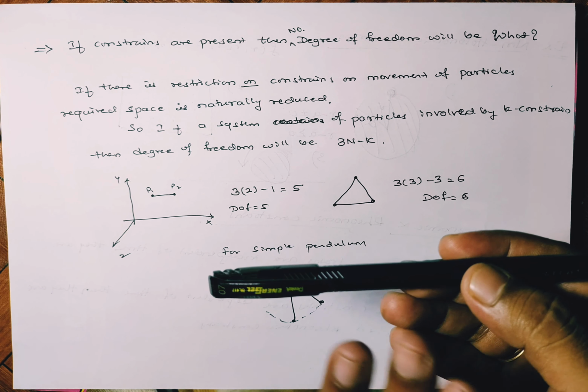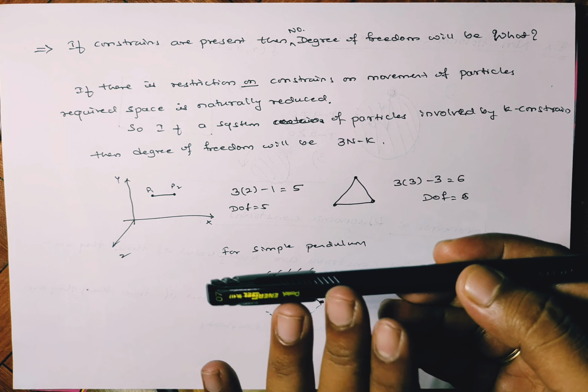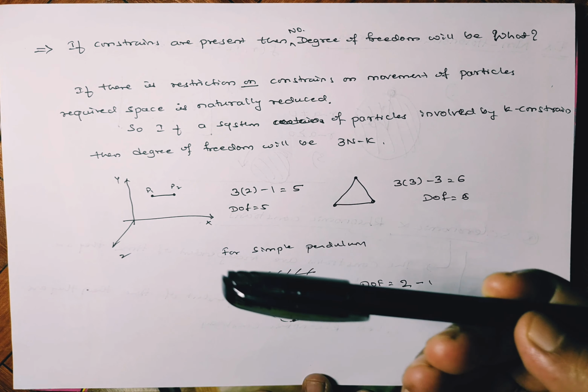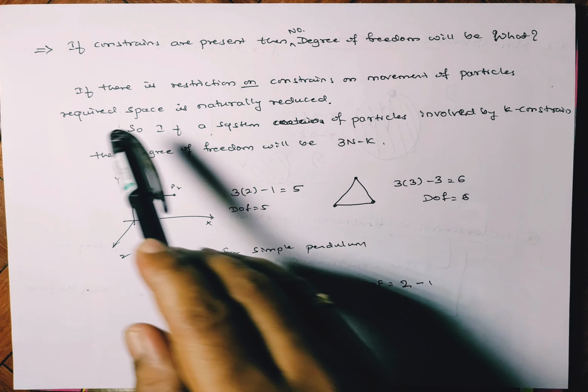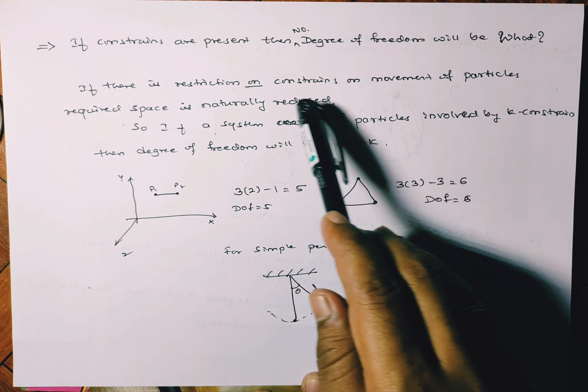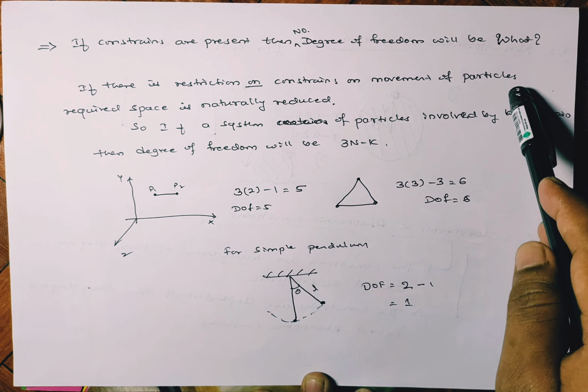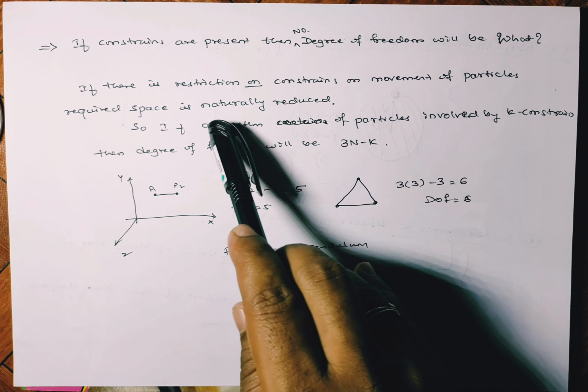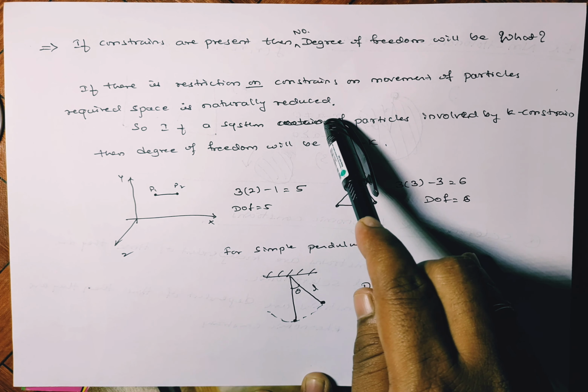If there is a constraint, what is the degrees of freedom? Let us see. The degrees of freedom will decrease if there is a restriction or constraint on the movement of the particles. The required space is naturally reduced, right?